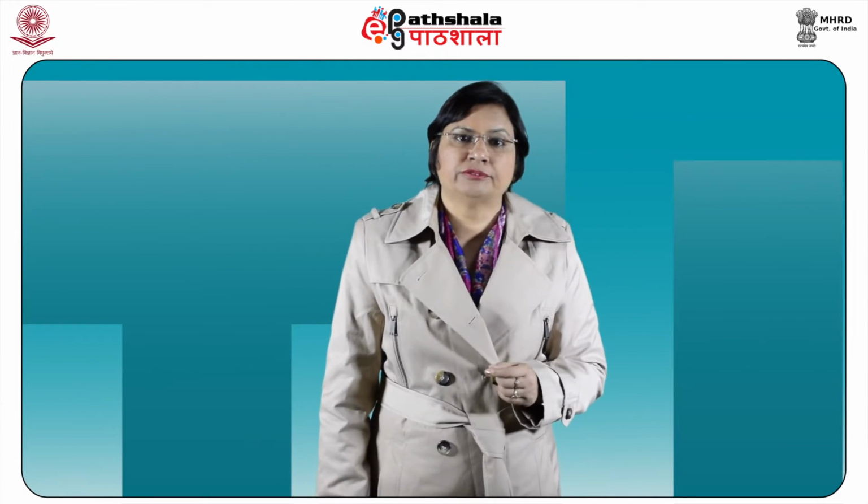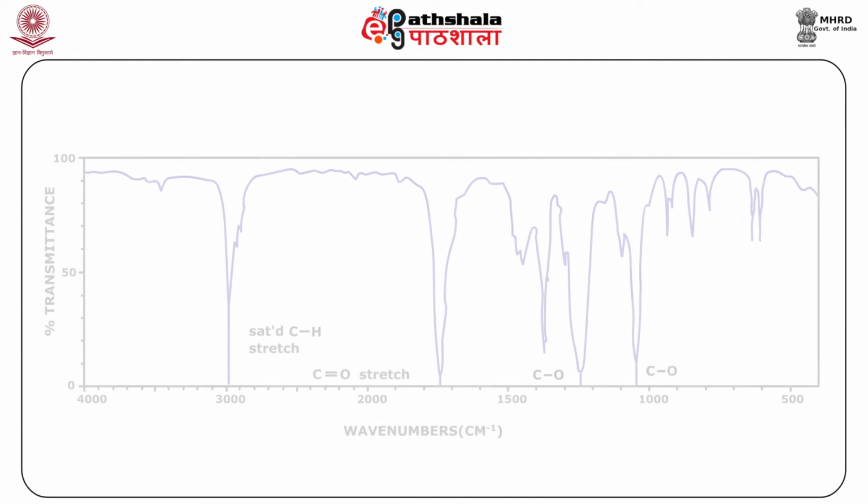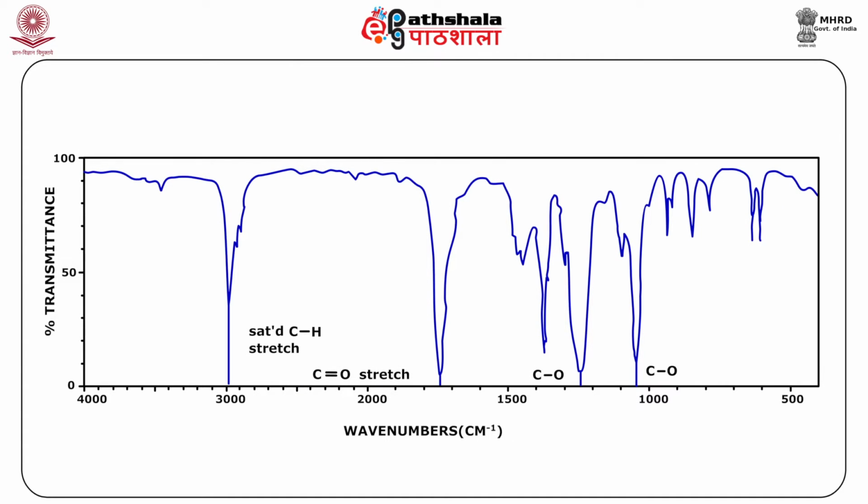Moving to the next question, you are provided with this spectra and you have to identify the unknown compound based on this spectral information, and you can see here the molecular ion peak is 88 mass units in this mass spectra which is provided to you, and furthermore you are also provided this IR spectra where you are given all these peaks.